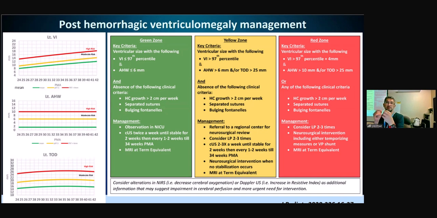Usually it can be easily obstructed with a 1 millimeter clot. And usually it is around that. It doesn't really matter where it is obstructed, as long as the lateral ventricles are dilated. It's usually obstructive hydrocephalus.